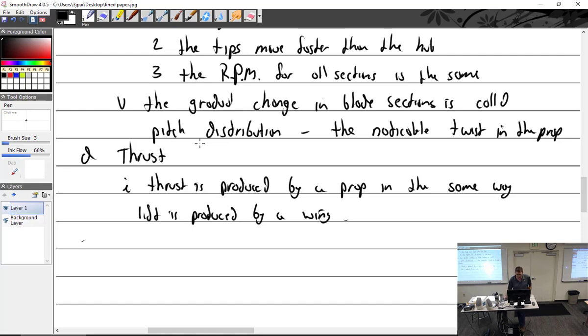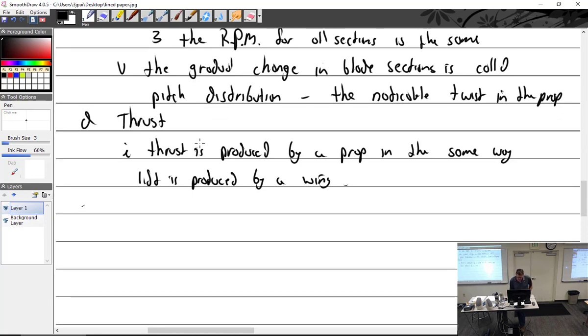Anyway, continuing, thrust is produced by a prop in the same way lift is produced by a wing, and this goes on to say an area of decreased pressure is produced immediately in front of the propeller.